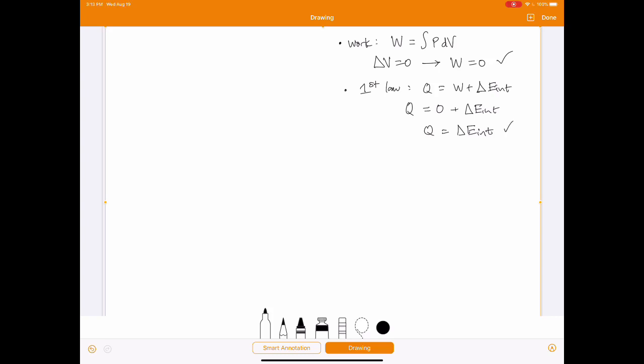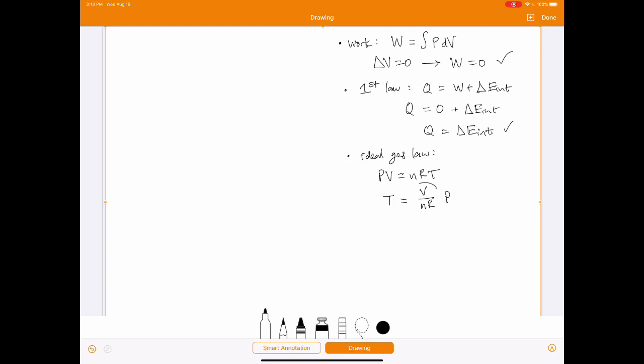Okay, and then lastly, let's look at the ideal gas law, which states PV equals nRT. And we can rearrange this to solve for the temperature. Temperature is equal to V divided by nR times P. That's how we can rearrange the equation.